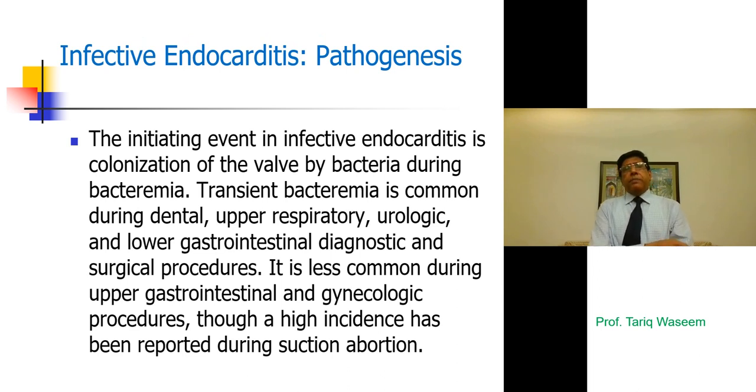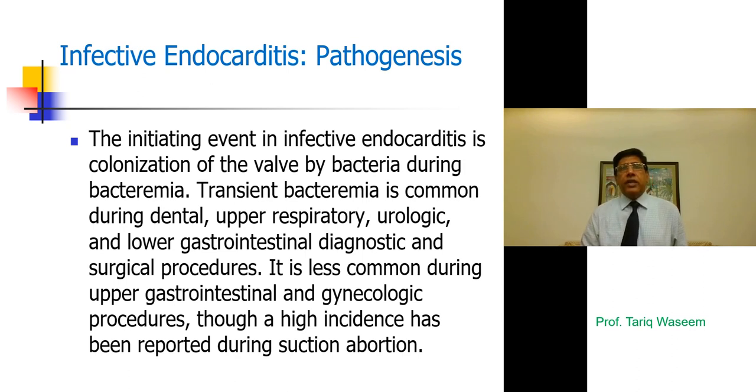Now, how does it happen? To have an endocarditis, you have to have some sort of a nidus, some focus where this infection can start. So the initiating event in infective endocarditis is colonization of the valve by bacteria, and this happens during a process of bacteremia.